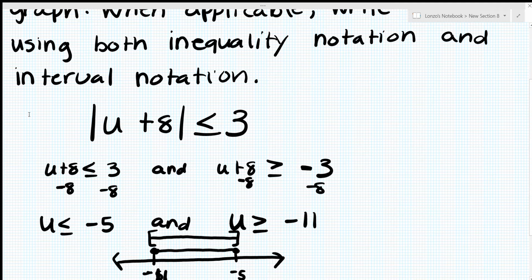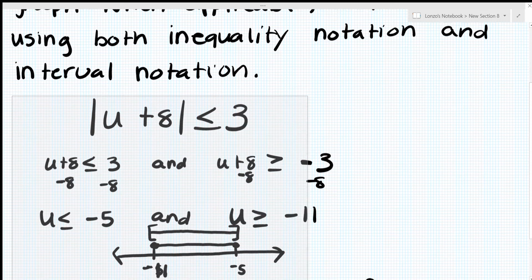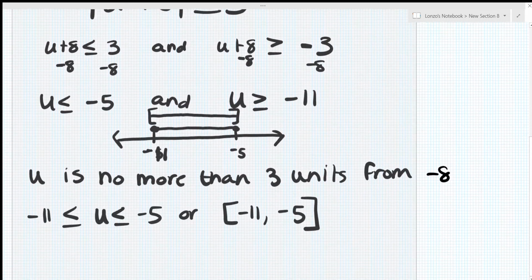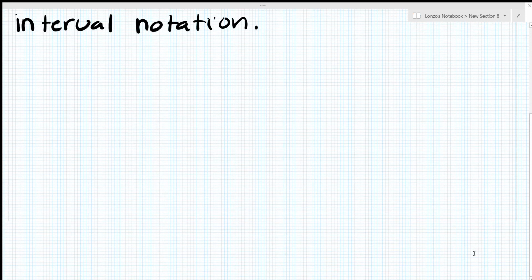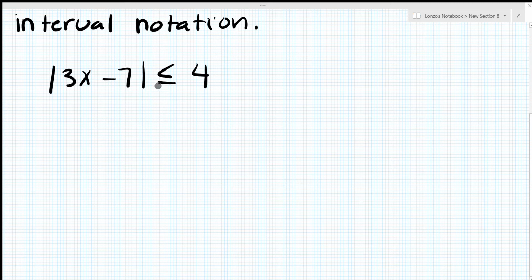So let me erase this part. And we have to follow the same directions as this problem. So let's say you are given, oh, I don't know, absolute value of 3x minus 7 is less than or equal to 4. So we have to solve for x, graph it on a number line, and then put it in notation form.